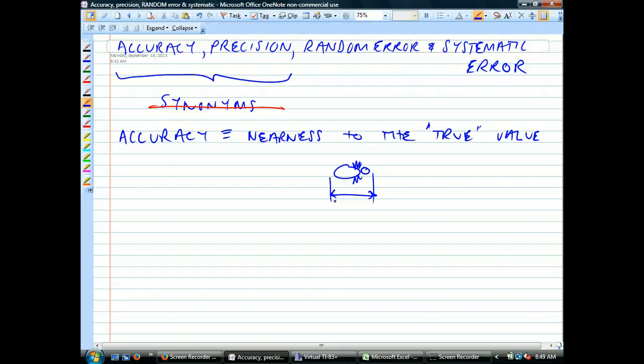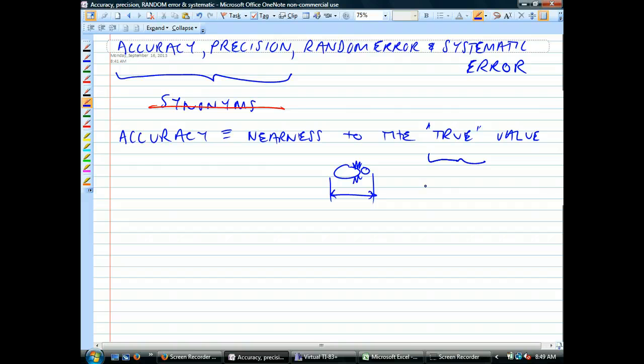Now in reality we never really know the true value, so in place of knowing it, we might use some kind of corroborating measurement. So maybe we have somebody else measure it, or maybe we determine its length in some other manner, by some other method.